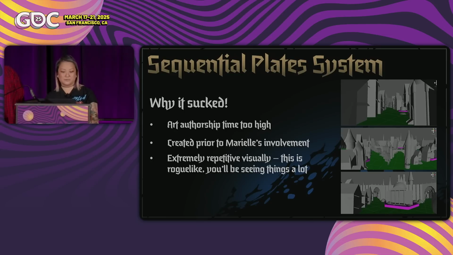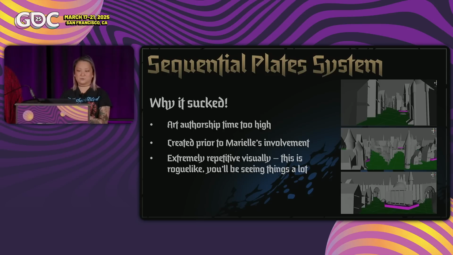And things were also really repetitive visually. We knew we were making a roguelike game. So assuming that the player liked playing DD2 and wanted to play it multiple times, they were going to be seeing a lot of these biomes every time they ran through a game, hopefully multiple times. With every subsequent run-through of a singular biome, they would start to recognize different visual landmarks within all of these plates.